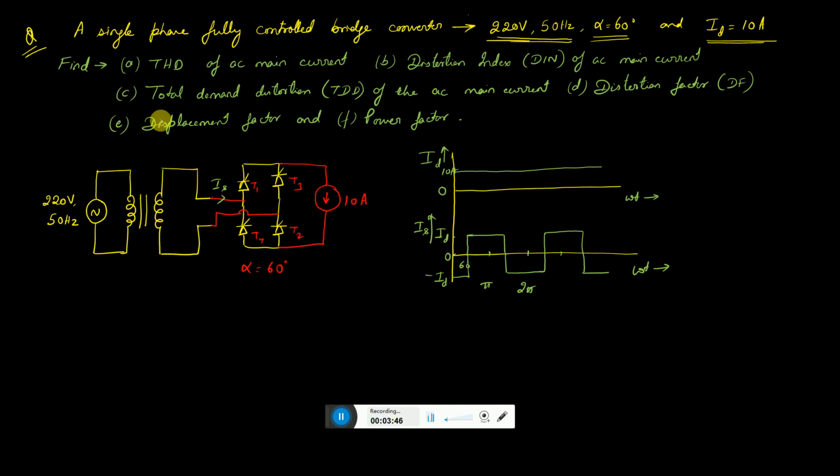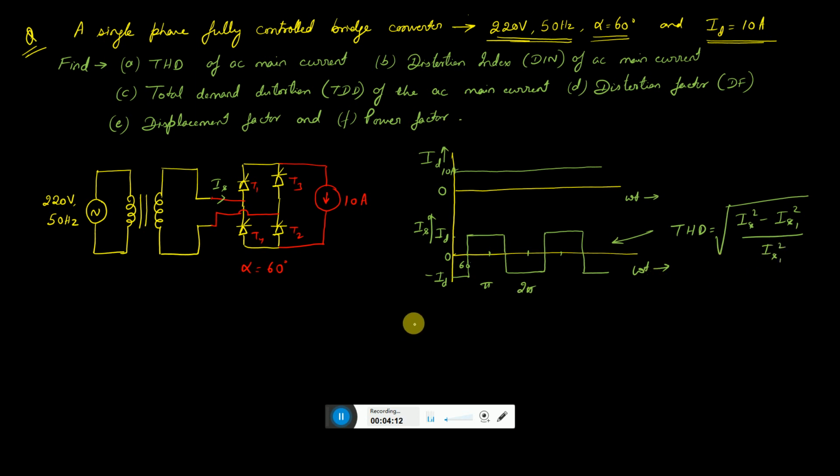The question asked is, what is the THD of the AC mains? That means what is the THD, total harmonic distortion, at the AC supply side. The THD is given, as we know, as the root of Is square minus Is1 square divided by Is1 square.